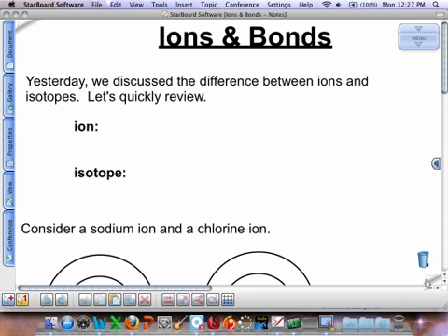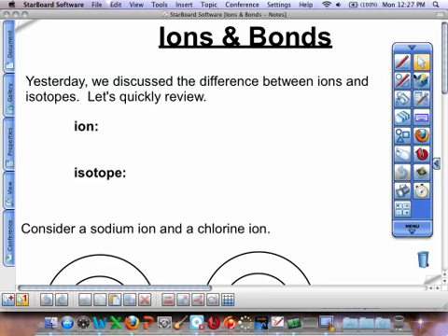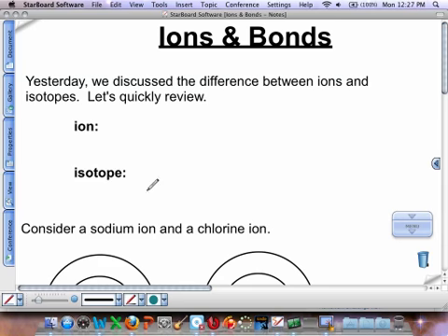So what's the difference between an ion and an isotope? Ions have the same element but a different number of electrons, so it's when we have a loss or gain of electrons.